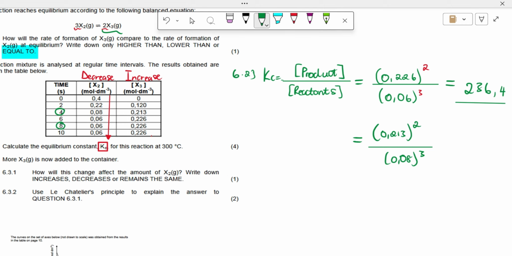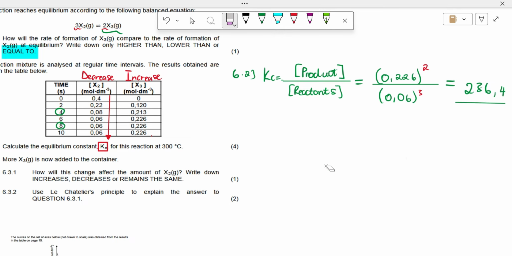This would then be 0.213 squared over 0.08 cubed. Well, you don't get the same answer actually.